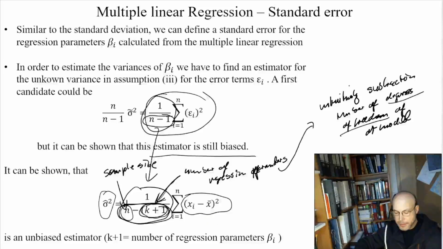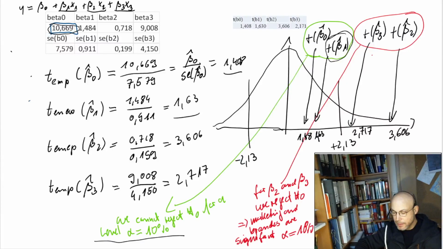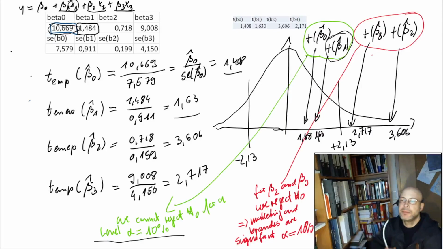But if I make my hypothesis testing analysis, then the result is, well, although I get an impact that every additional visit will increase my sales volume by 1.5 euros, from a statistical interpretation, I have to reject that the number of visits have any impact on our sales volume for a significance level of 10%.